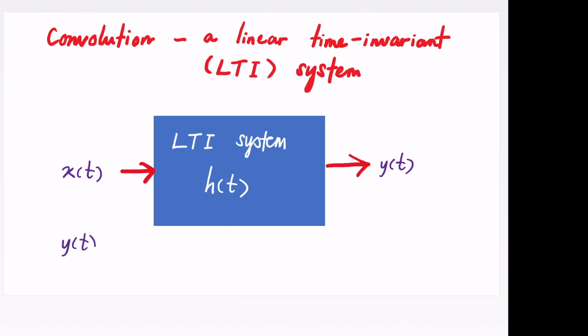For an LTI system which has impulse response h(t), where the input to the LTI system is x(t) and the output is y(t), the relationship between x(t) and the impulse response h(t) is given by y(t) as a convolution between x(t) and h(t).